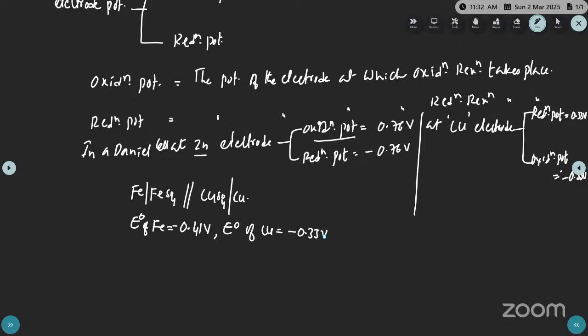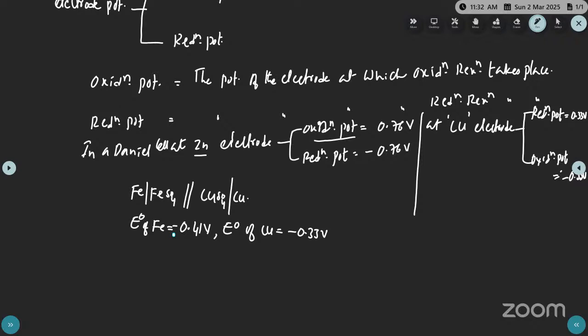Generally at anode, oxidation potential is positive. So the given potential is a reduction potential.